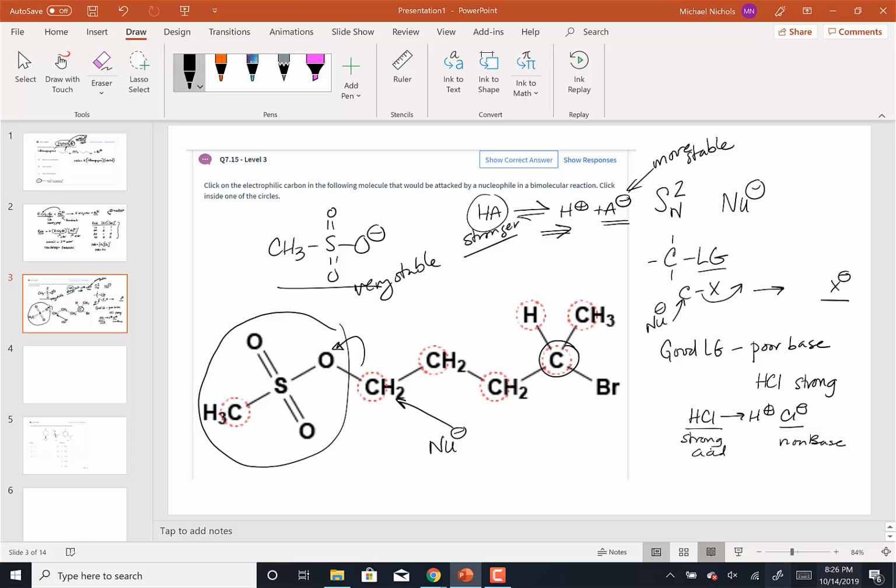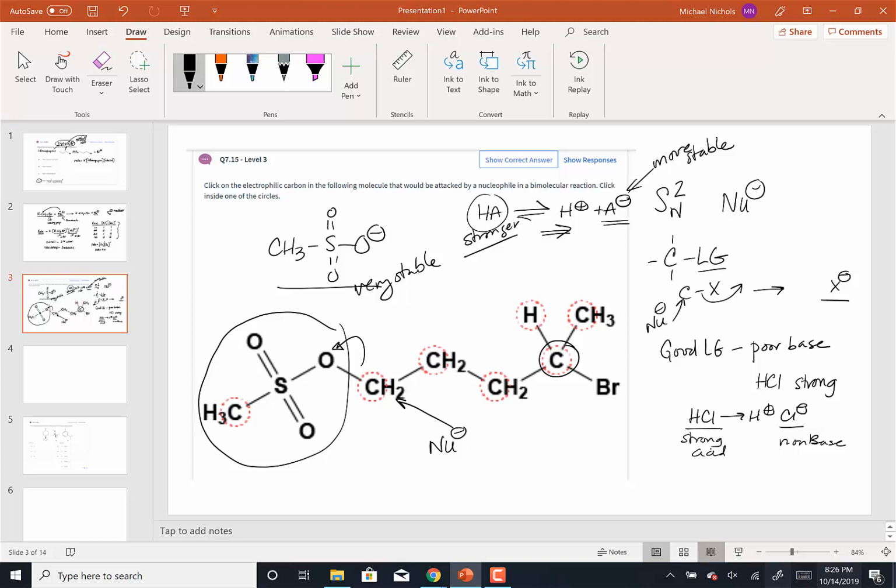Okay, have you guessed it yet? It's because that molecule has many, say it with me, resonance structures. And the more resonance structures you have, the more stable you are as a molecule.